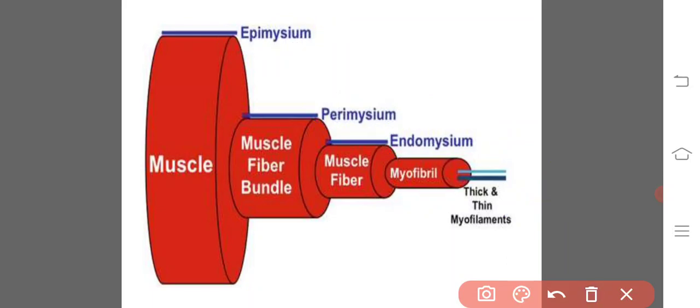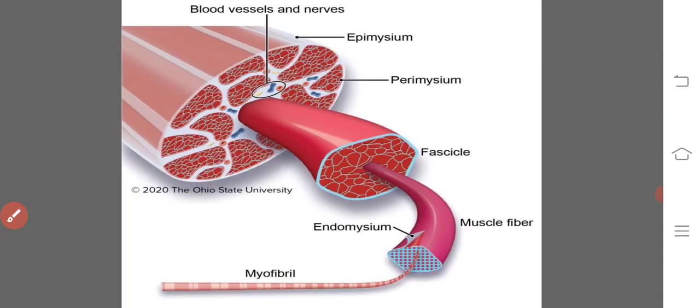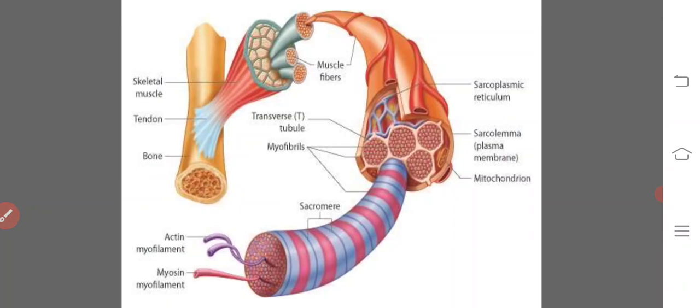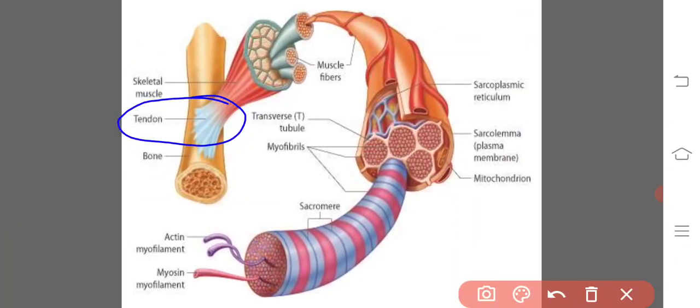At each end of the muscle, the collagen fibers of the epimysium, perimysium, and endomysium interweave and form either a bundle known as the tendon, or a broad sheet-like structure which is called aponeurosis.